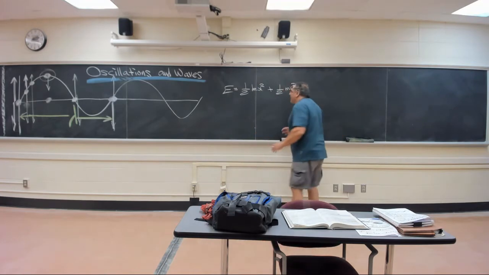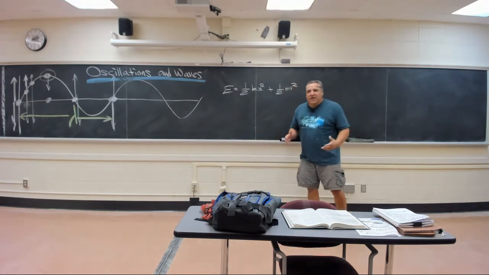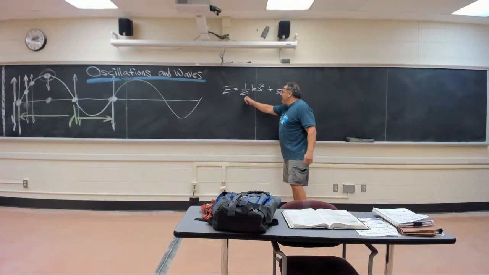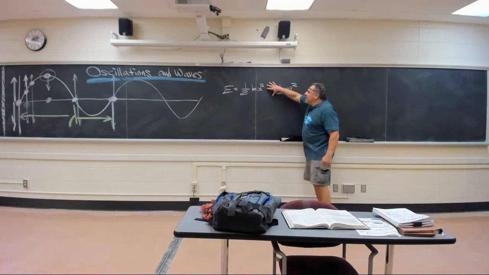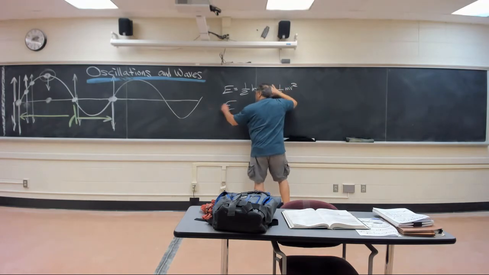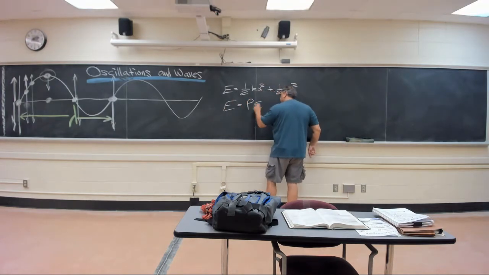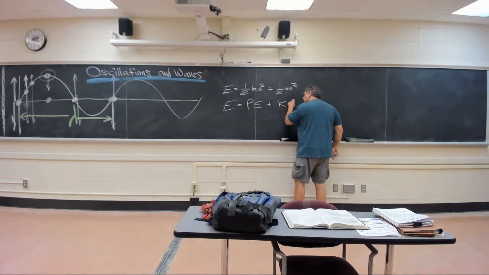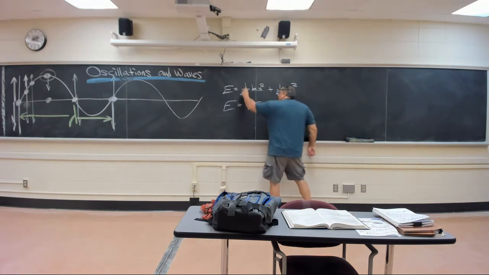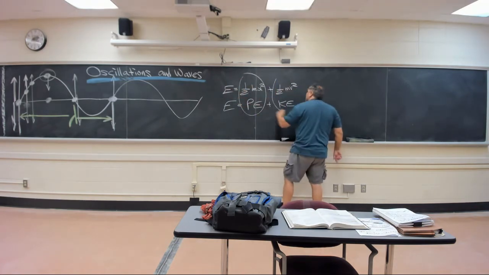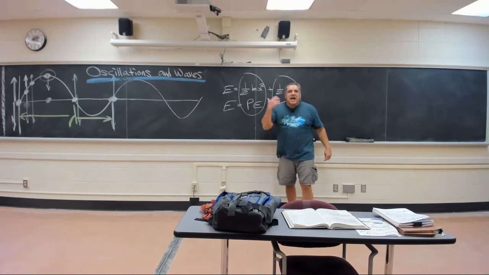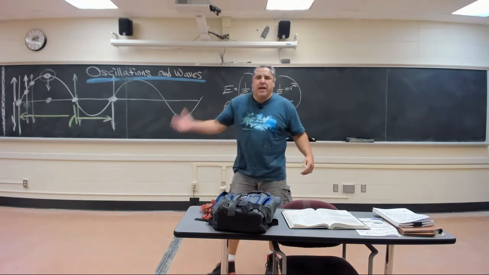Well, how do you get yourself out of the woods here? If the thing comes to a dead stop, it's all potential energy. That's all the potential energy, and that's all the kinetic energy, and it varies constantly because it depends on where it is.